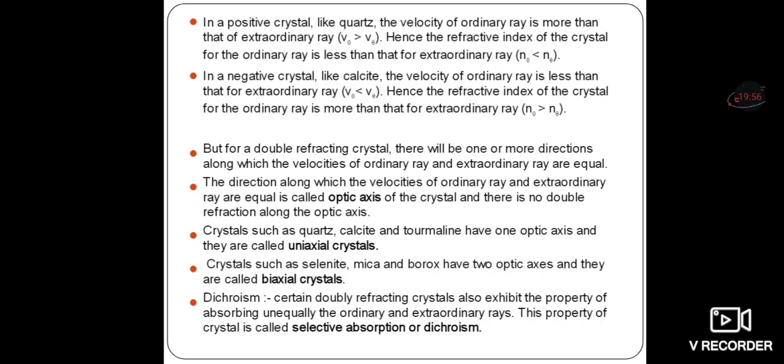Certain doubly refracting crystals also exhibit the property of absorbing the ordinary and extraordinary rays unequally. This property of the crystal is called selective absorption, or generally dichroism.